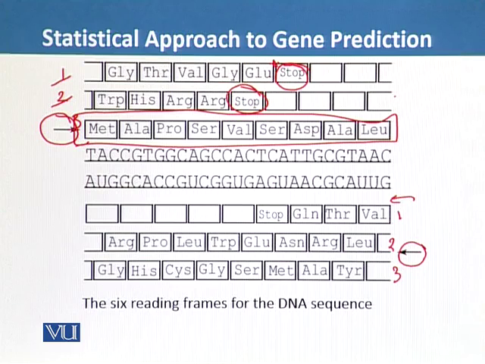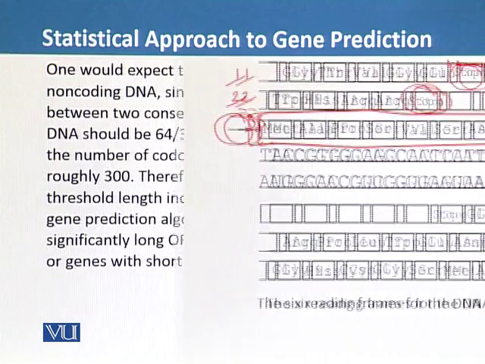Similarly, the 3 frames will be generated from the right side, so the total will be 6 frames. And the largest open reading frame will be selected as the gene that will code for the protein.